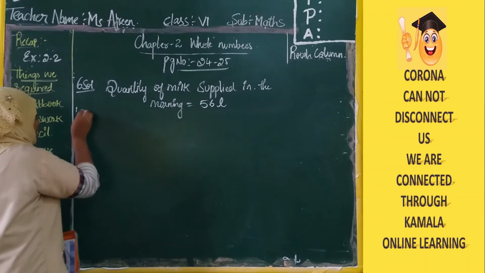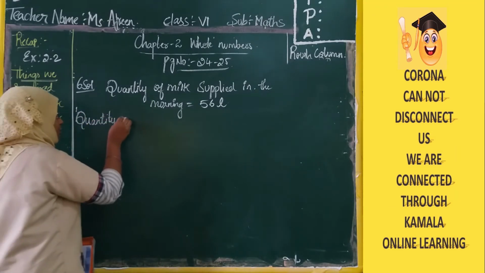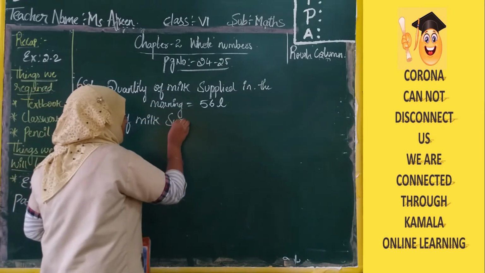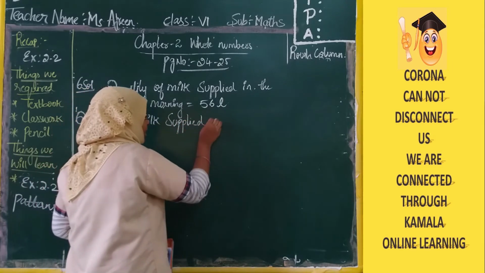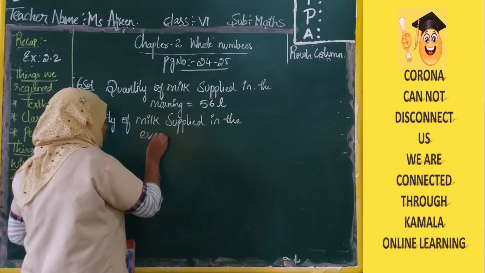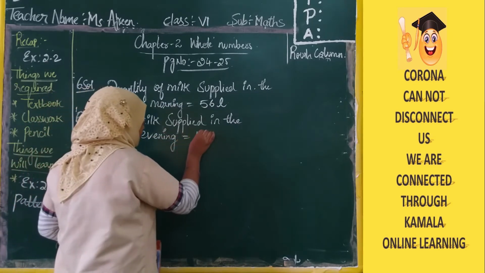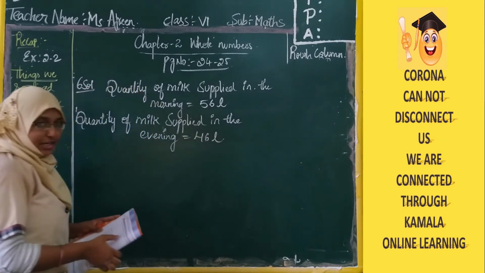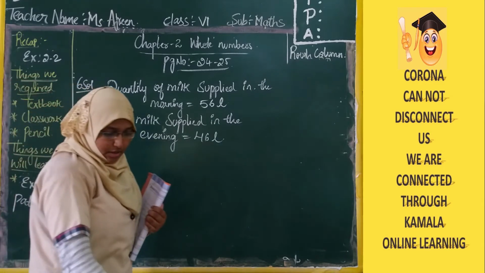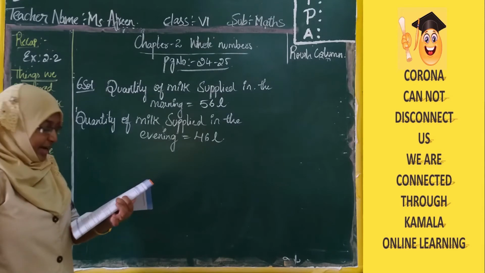Again, in the evening also he has supplied. So quantity of milk supplied in the evening: at the evening time he has supplied 46 liters. First of all we need to find the total, how much he has supplied in one day first.